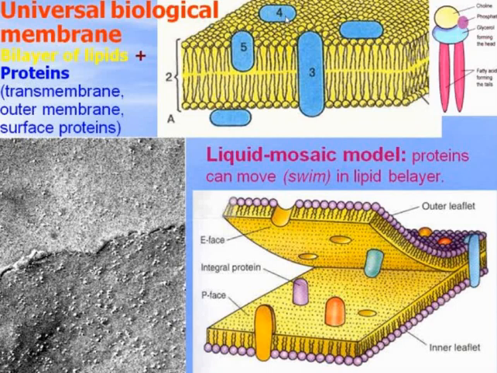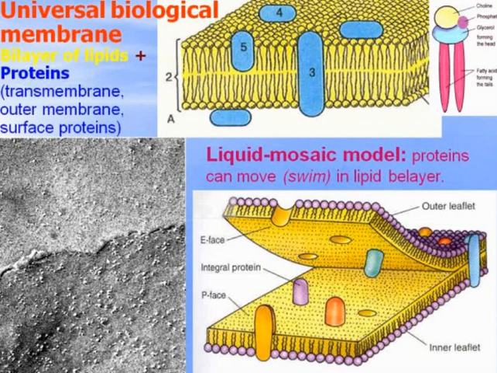There are surface proteins on the surface of the membrane, transmembrane and outer membrane proteins. This is the fluid mosaic model of the biological membrane.